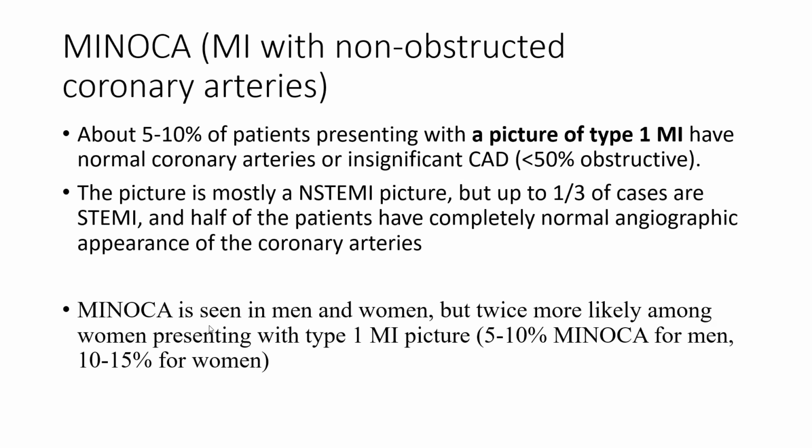MINOCA is seen in both men and women, not just women, but it's twice as likely among women presenting with a type 1 MI picture. Among patients presenting with a type 1 MI picture, MINOCA is 5 to 10% in men, 10 to 15% in women.